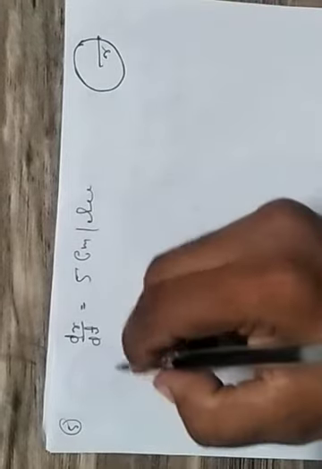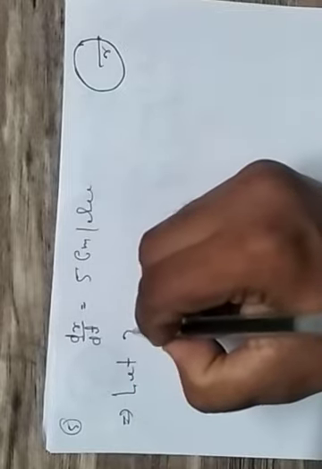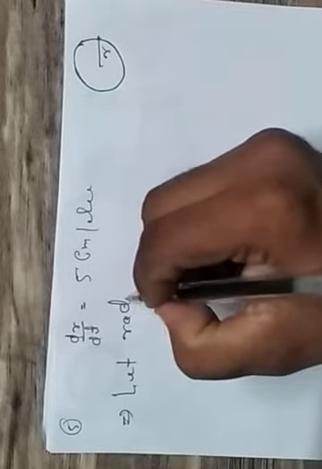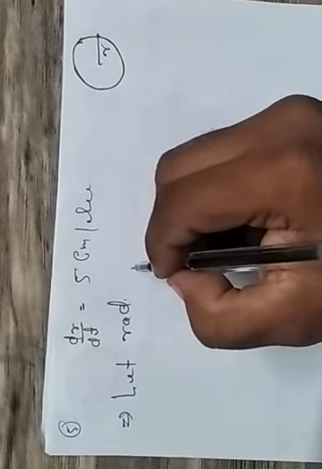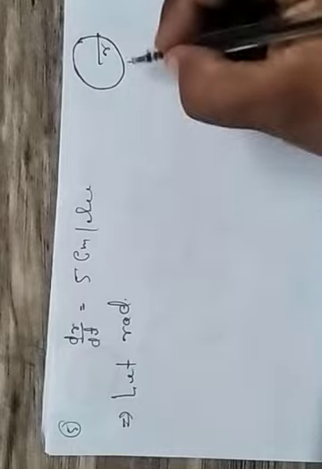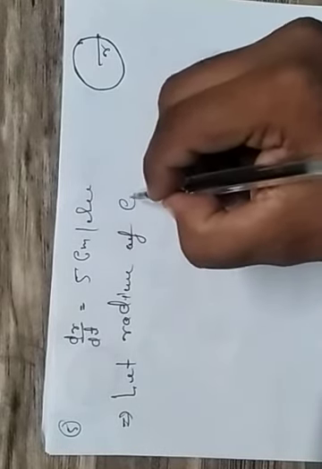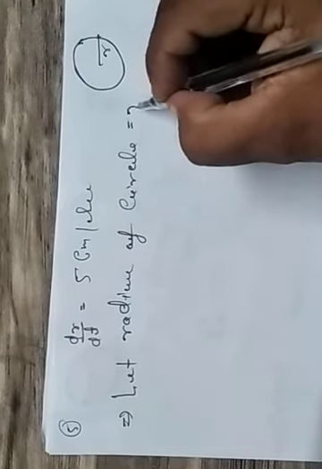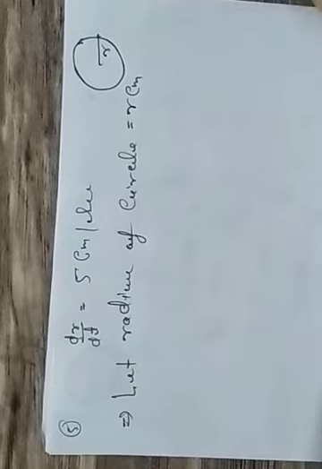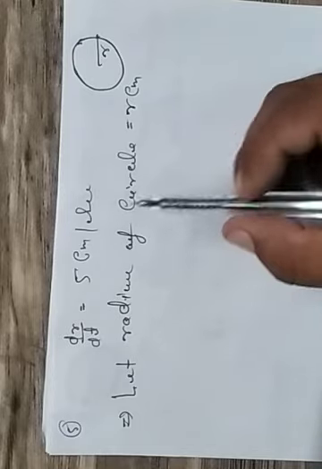And asking about area, then let radius of circle is equal to r centimeter. Radius of circle is r centimeter. And dr upon dt is given here 5 centimeter per second.